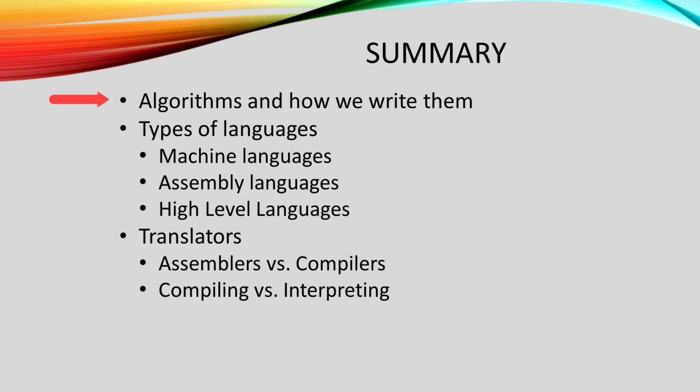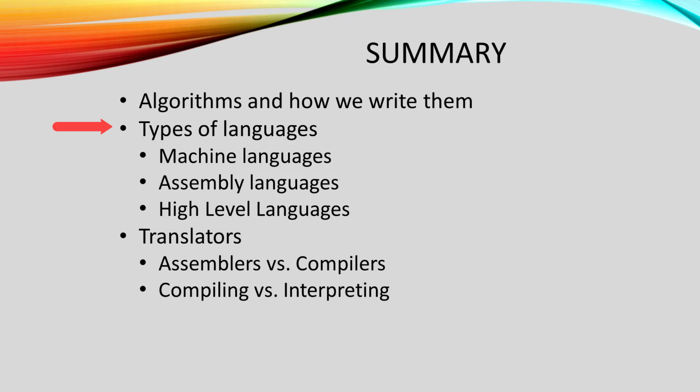In this video, we learned about algorithms and how we write them, and how it matters who's going to execute the algorithm, who's the target of that algorithm when we write them. And in order to be able to write good algorithms, we need to understand some types of languages. There are machine languages that are the zeros and ones that the computers understand.